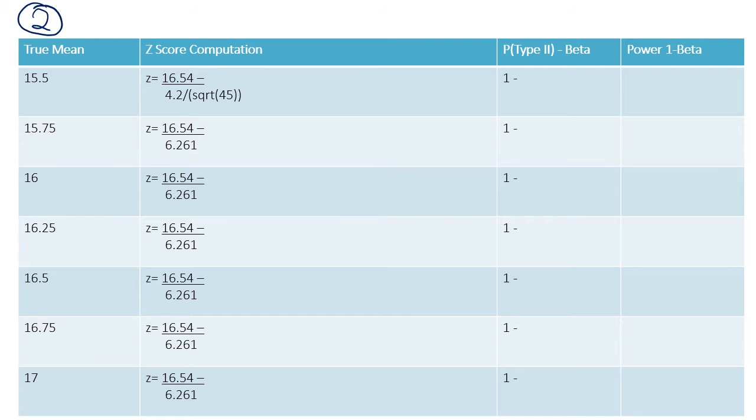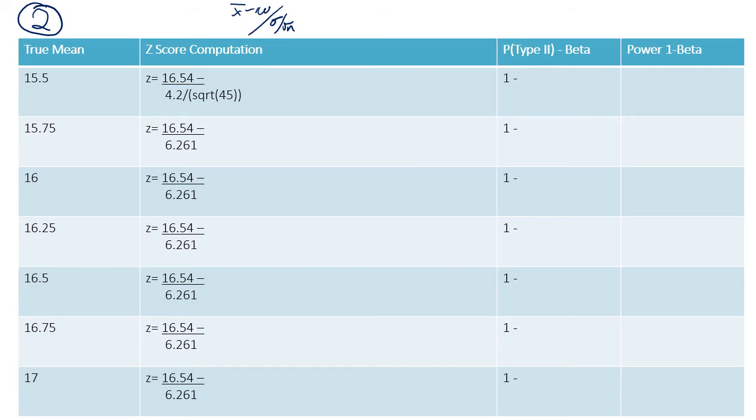So to get the z-score, we use the same formula that we've been using, where we've got x bar minus mu over standard deviation divided by the square root of n. Now we fill it in for this table because with each possible true population mean, we use that same x bar that we computed previously.